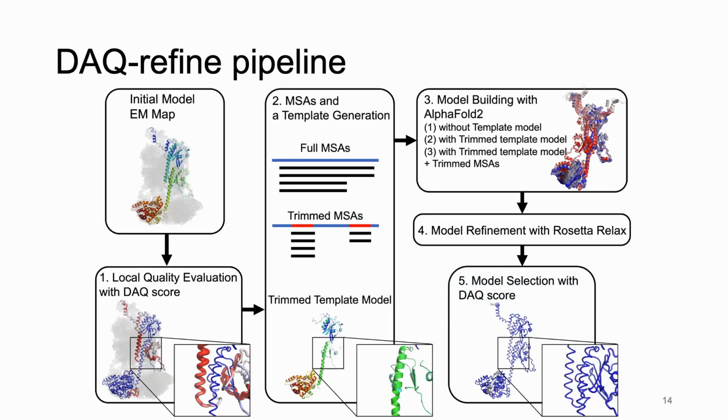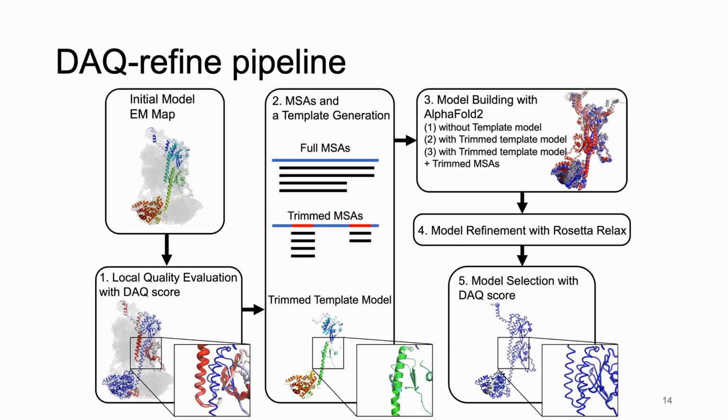Today I won't demonstrate the DAQ refine server, because I don't have enough time. But I will show the basic idea. You have a density map and atomic model. Then the DAQ score tells us where the good region and the bad region are. Once we know the bad region, DAQ refine automatically removes that bad region, then uses it as a template.